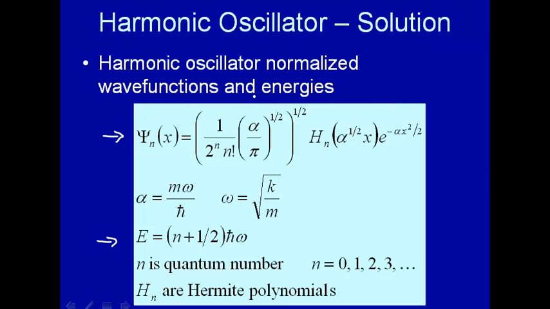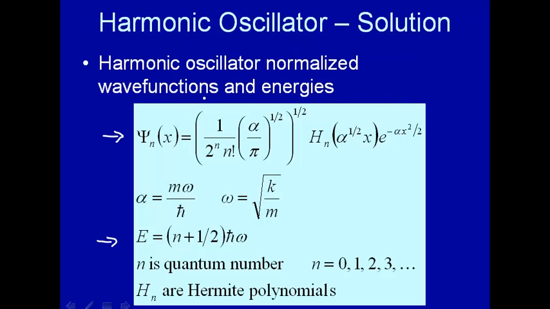If we go back here, we have alpha to the 1/2 times x. Alpha to the 1/2 has units of inverse length, and x is our spatial coordinate, so what's in the parentheses is unitless. Also, in this exponent, alpha has units of 1 over length squared and x squared is length squared, so this also is unitless.